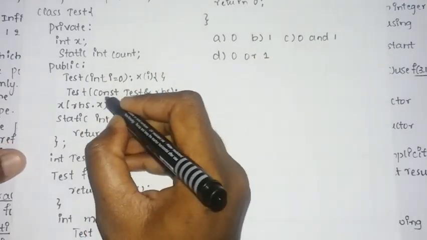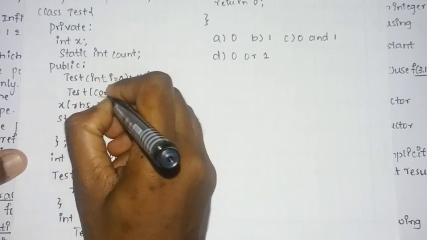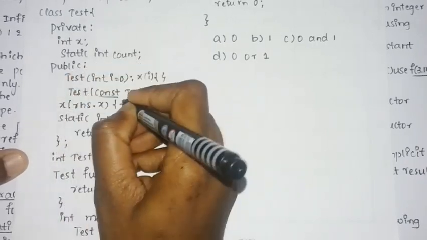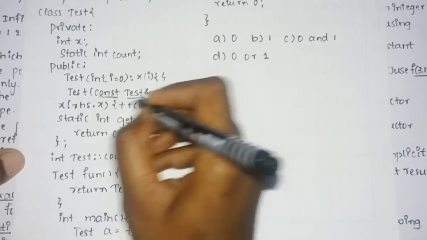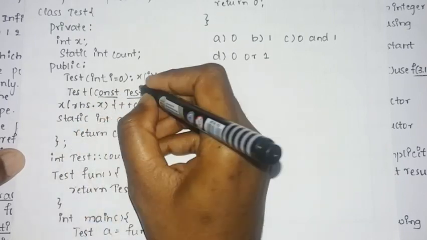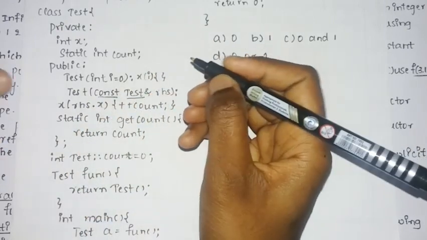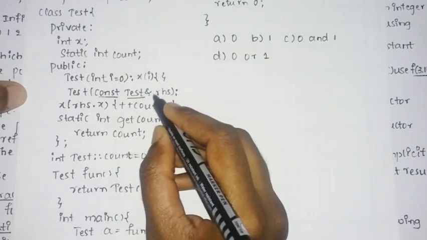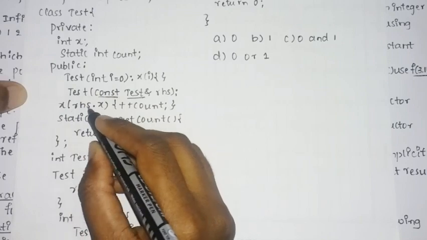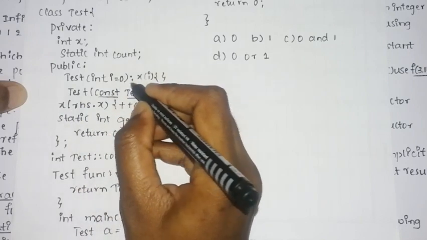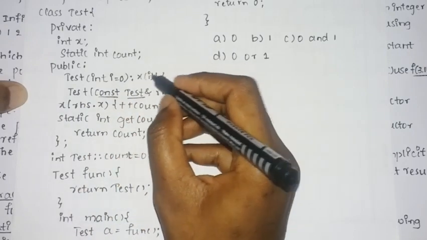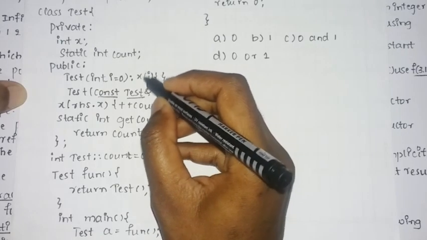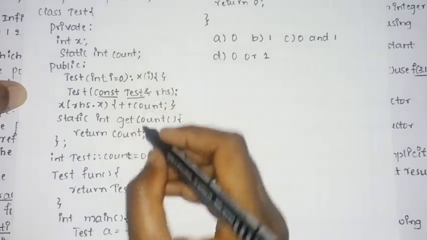Then after that, test const, so it is considering test as constant, and the reference is rhs, so x(rhs.x). What is the value? i is equal to 0, so x(i) is nothing but x(0), that is 0.